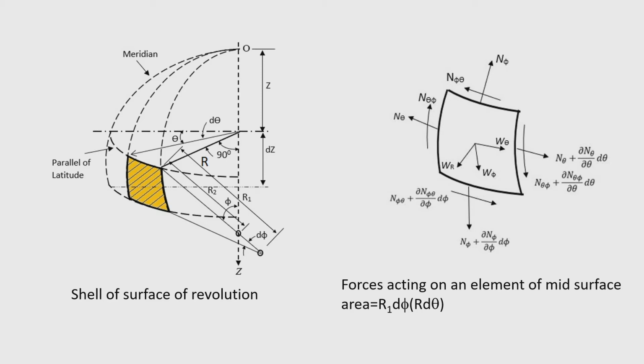Another direction we take is the tangent to the parallel circle, and the other is along the normal to the parallel circle. All these components are grouped in the respective directions and equated to 0 to form the equilibrium equations. Okay.